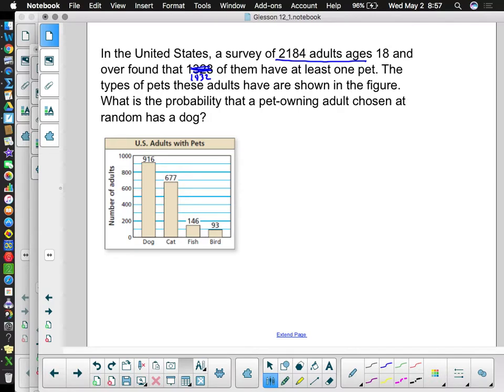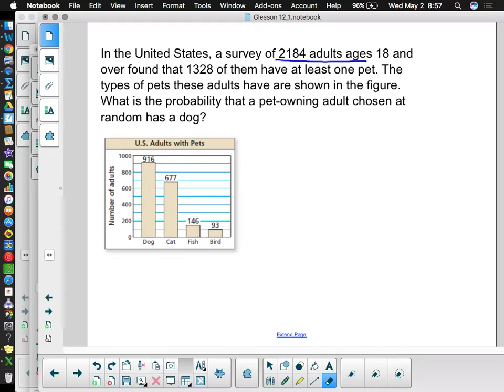Actually, I'm going to go with the 1938 in further review because 1328 are the people who have at least one pet. Some might have multiple pets. So you might have 916 people who have dogs, but they have a dog and a fish. So they would count in both categories. That's probably why the sum is different.